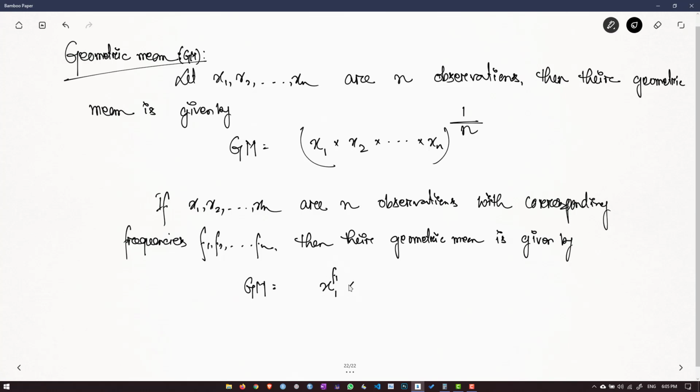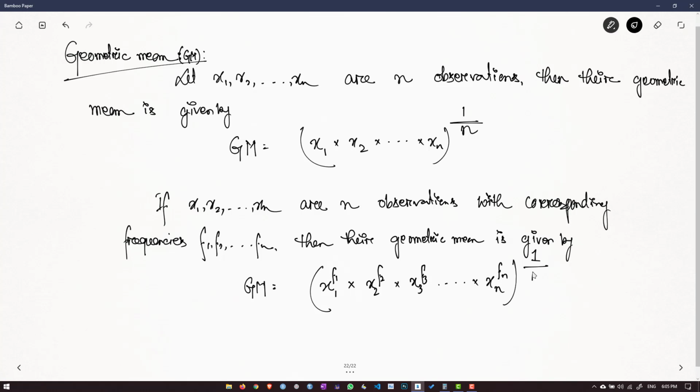That means x1 to the power f1 into x2 to the power f2 into x3 to the power f3 up to xn to the power fn.